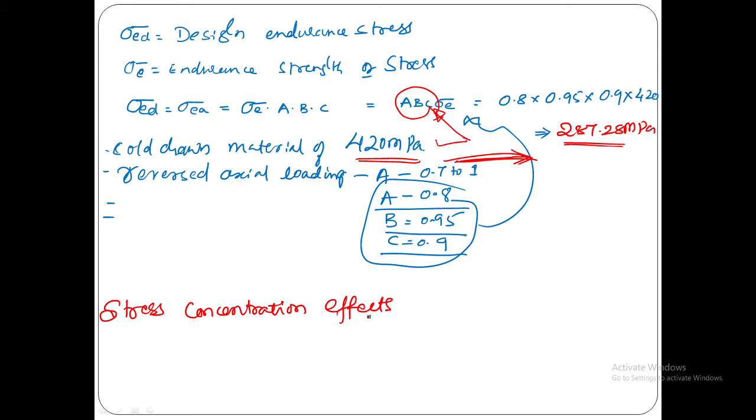Yesterday I noted, first you need to find the theoretical stress concentration factor by referring to design data. Then you need to go for Kf, the fatigue stress concentration factor. You got Kf equals q in bracket Kt minus 1, plus 1.